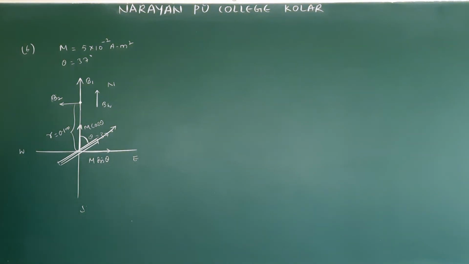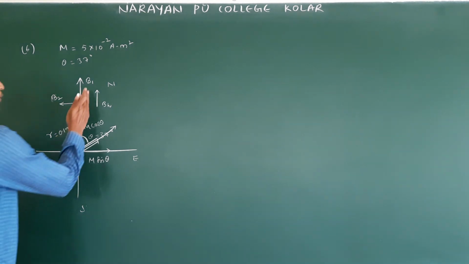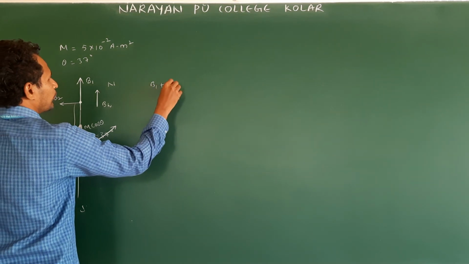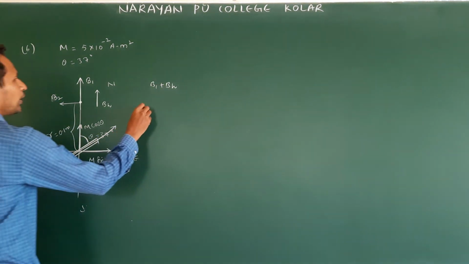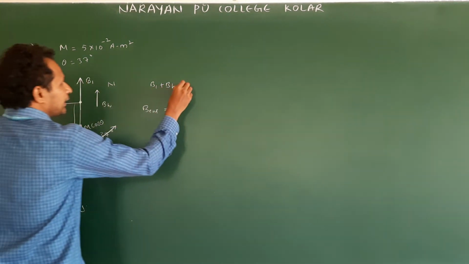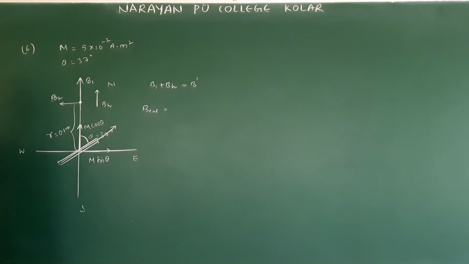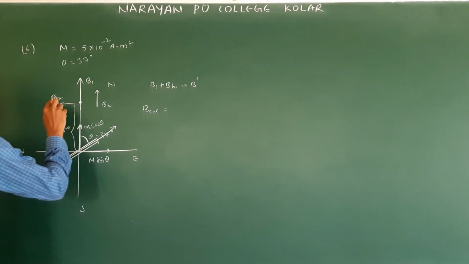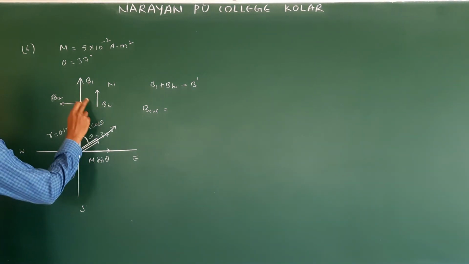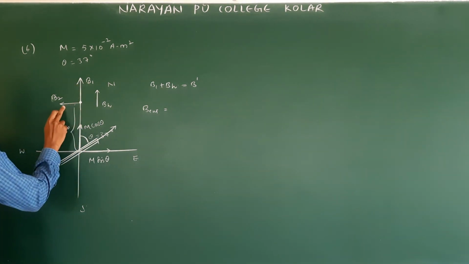Finally, how many fields are there at the given point? There are 3 fields, so we need to find the net field. The horizontal field along this direction is B1 plus BH. B1 and BH act along upwards, B2 acts perpendicular.